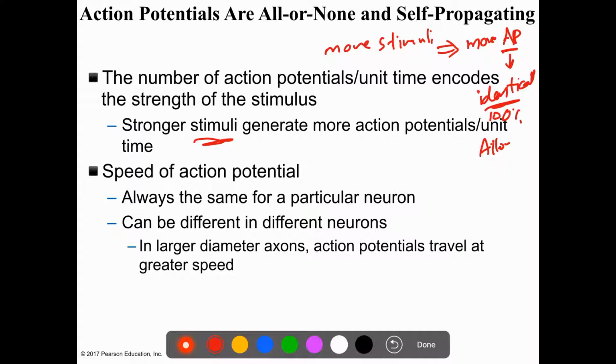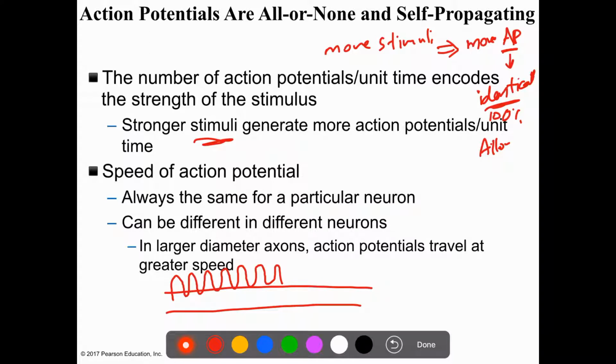Also, as we talked about, while the speed of the action potential in a neuron is constant, different neurons can have different speeds for action potentials. Again, to make sure: within one neuron, the speed of the action potential is constant.